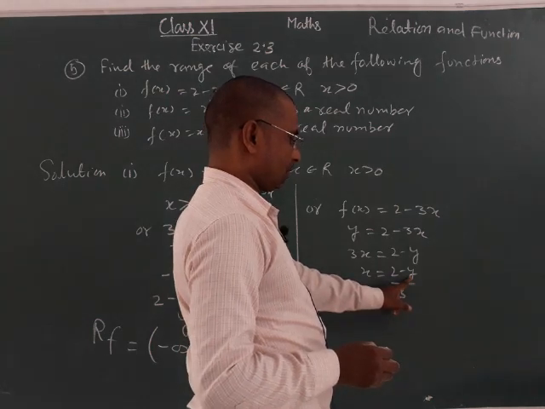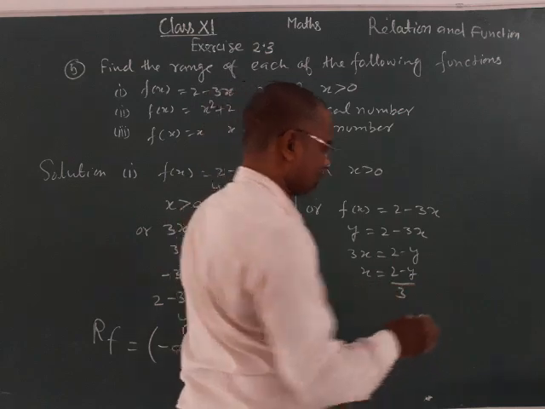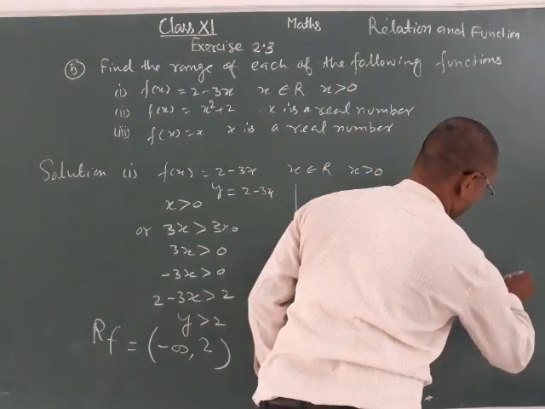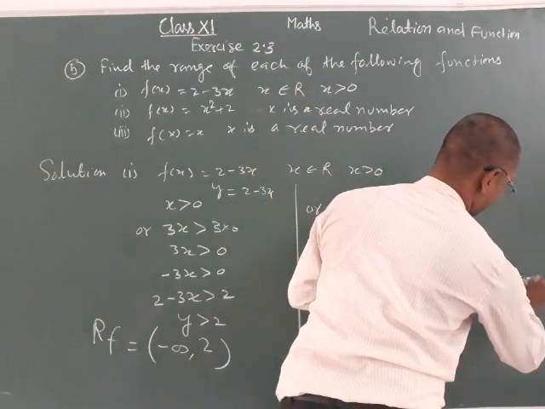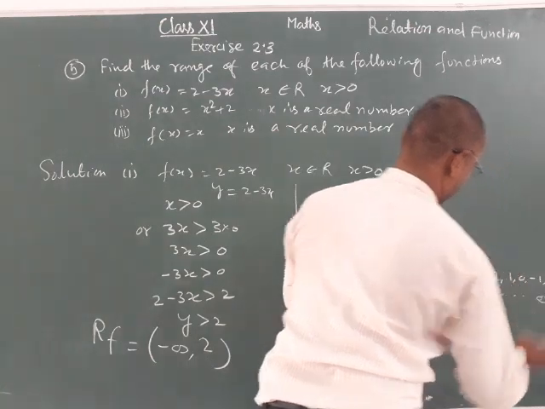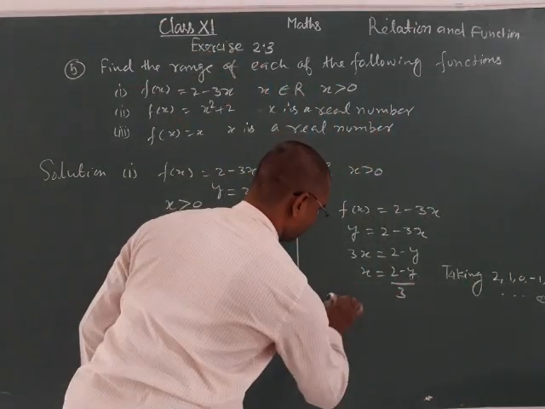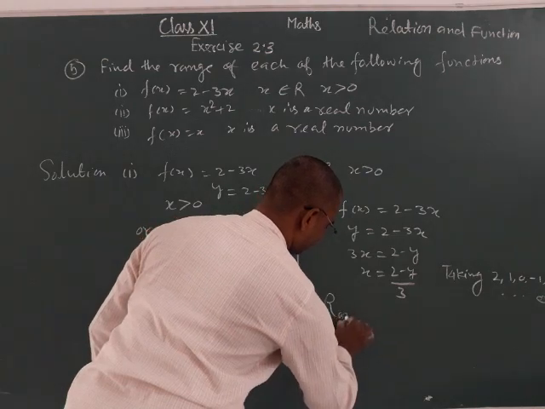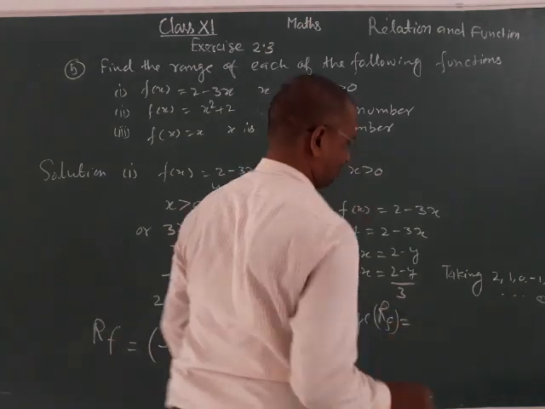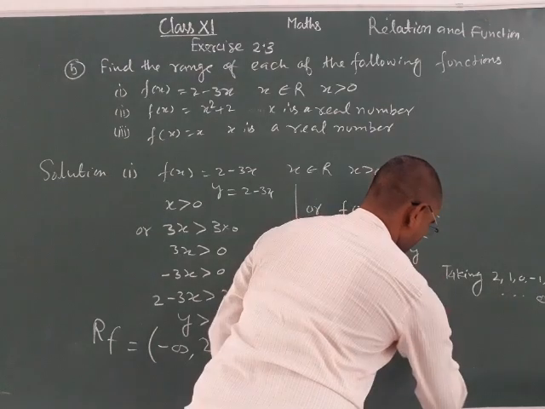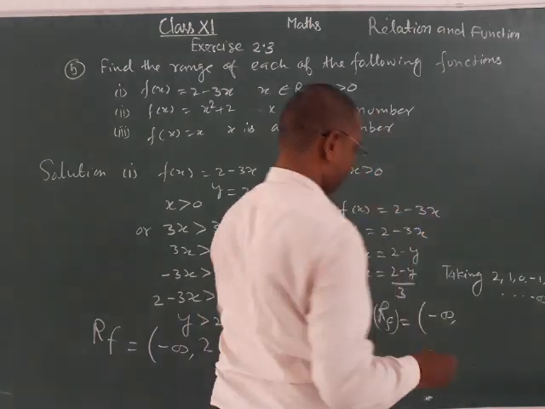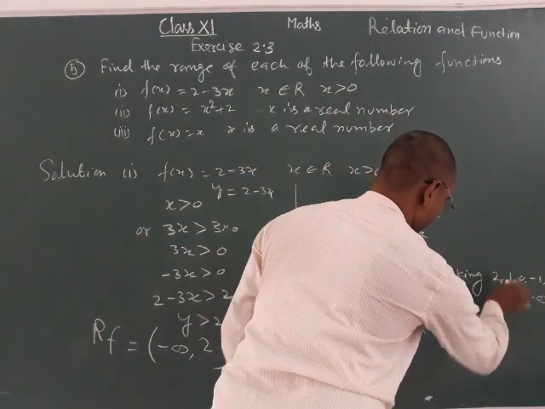The values of y taken are 2, 1, 0, minus 1, minus 2, and so on to minus infinity. So the range of f is minus infinity to 2.